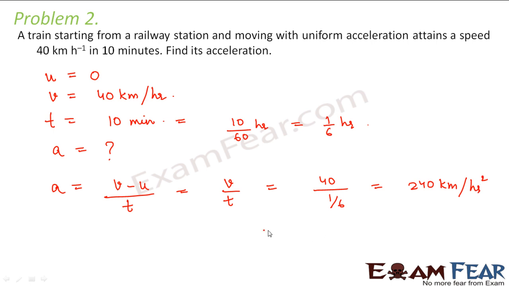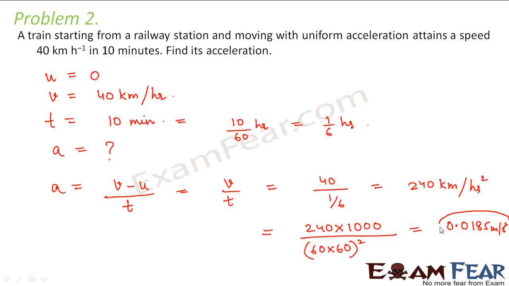If you want to convert it into meter per second square, 240 into 1000 because 1 kilometer is equal to 1000 meters, divided by hour square, and 1 hour is 60 into 60 seconds, so this square. This comes out to be 0.0185 meter per second square. So this would be the acceleration of the train.